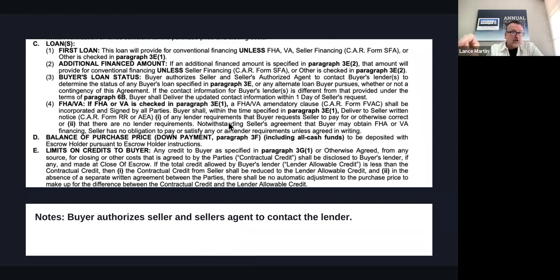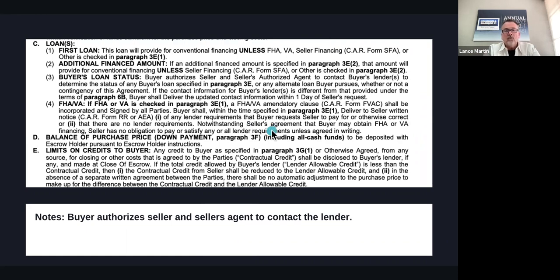Even if you counter it out, no, seller will not pay $5,000, that language is in the contract. An underwriter is going to see it. I don't care what kind of financing you're doing, the chances are very good the underwriter will say, there must be something wrong with the roof. They don't necessarily want the $5,000, but they're going to want a roof certification. Hey, give us a 2-year roof certification or whatever it happens to be. So be very careful when you start inserting repairs language into a contract.